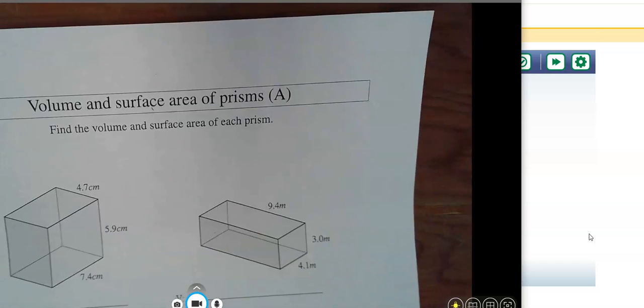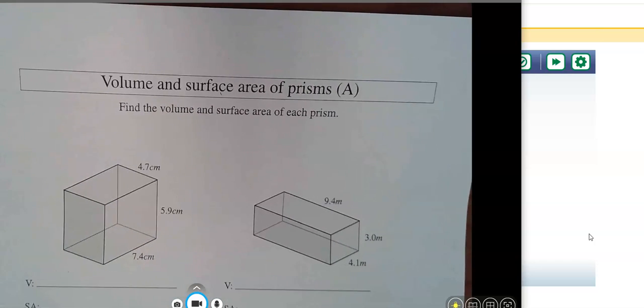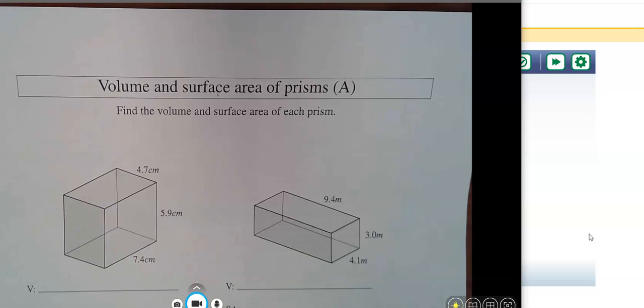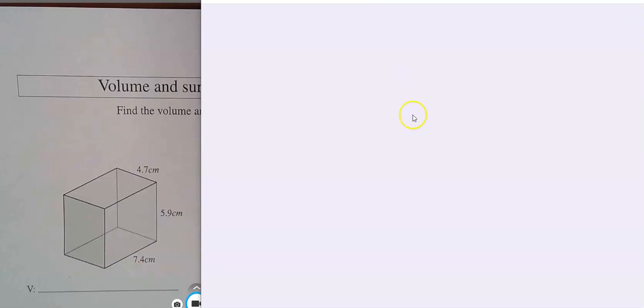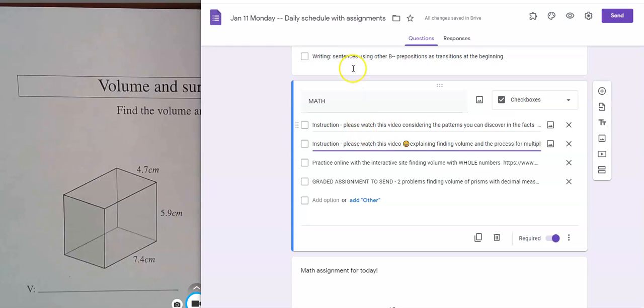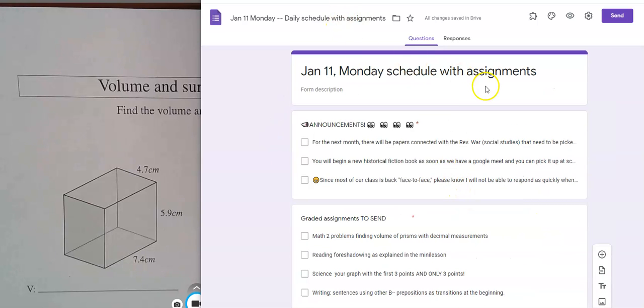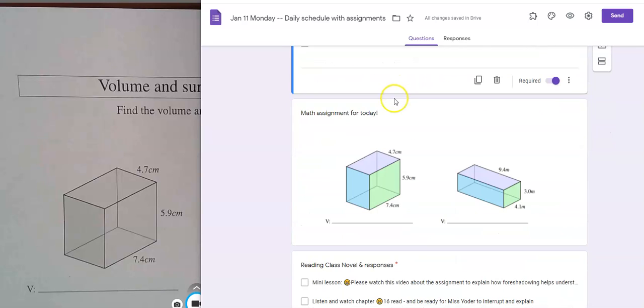Your homework assignment then is to find the volume of these two. If you got the papers, you can do it on paper. If you did not pick up your papers yet or this week, that is perfectly fine. You can see they appear right here in today's schedule with assignments.